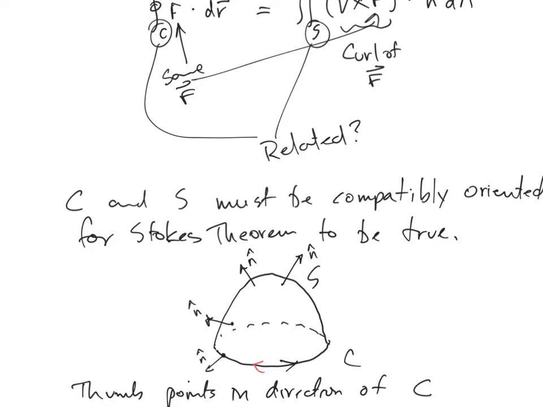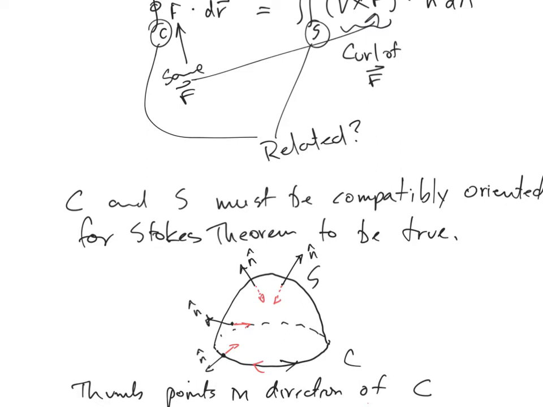My second finger now goes in, right? So in that case, n hat would have to look like this. I guess I should do dotted lines because it's inside. Okay, so that's the trick.